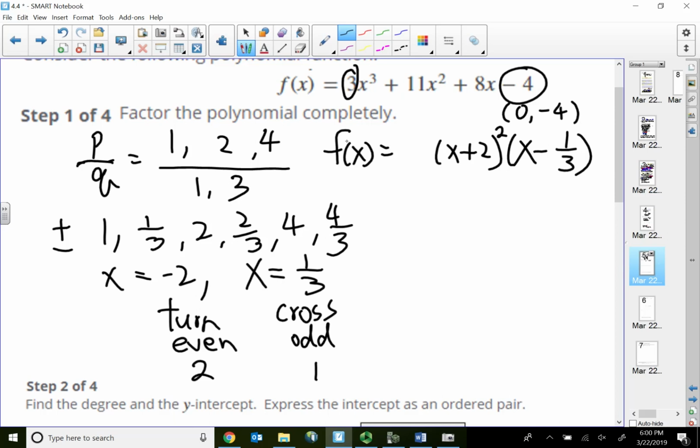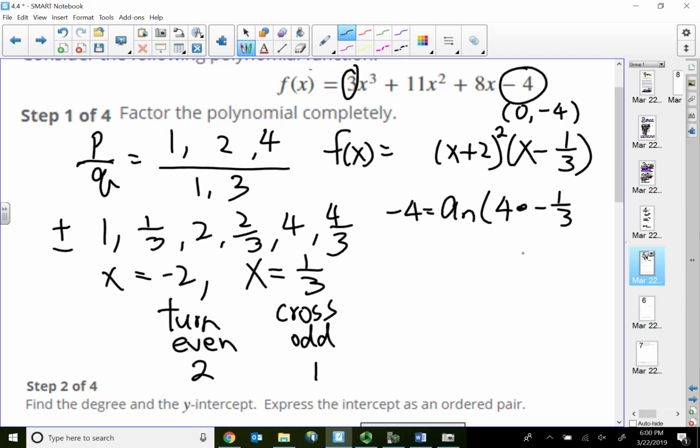So if I put negative 4 where the y is, I set it equal to some coefficient times 0 plus 2, which is 2. 2 squared is 4, and 4 times, putting 0 in for x, 0 minus 1/3 is negative 1/3.